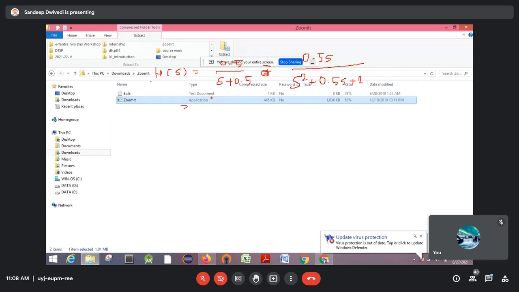This will be 0.5 upon 1 minus e to the power minus 0.5, and ts is given in the question. ts is what? Not given. ts is not given, okay.